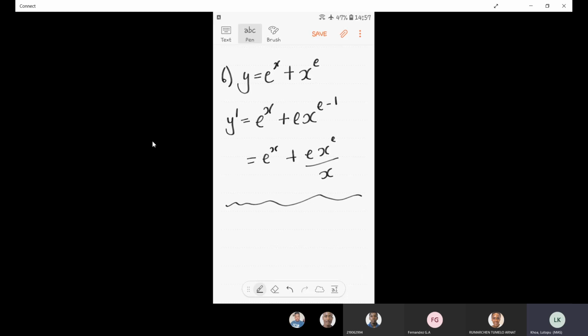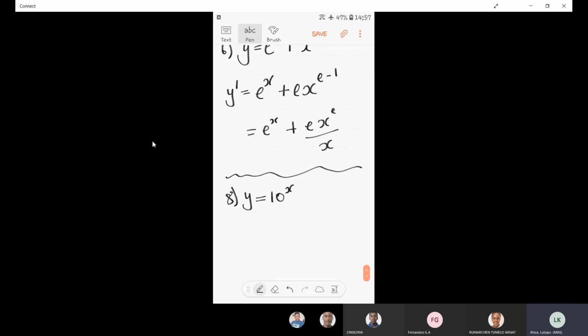And let's look at number 8. We have y is equal to 10 to the power of x. That is D3 on your table. And the formula of that, or how we have to rewrite it, this is y prime.